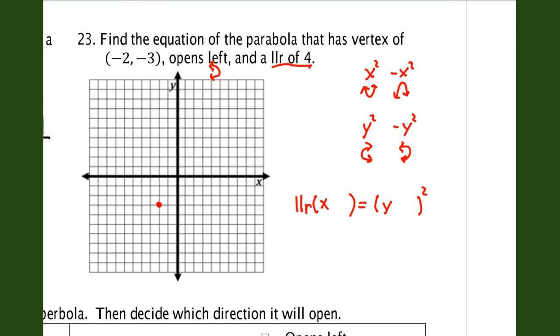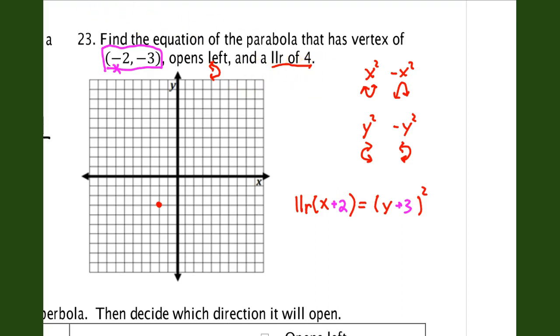So we have a vertex right here, right? And be careful, we want to match the x variable with the x coordinate. So it's x is -2. So I'm going to put the +2 right here, opposite signs once again. -3 will be +3 here. And the LR, they say, is 4.